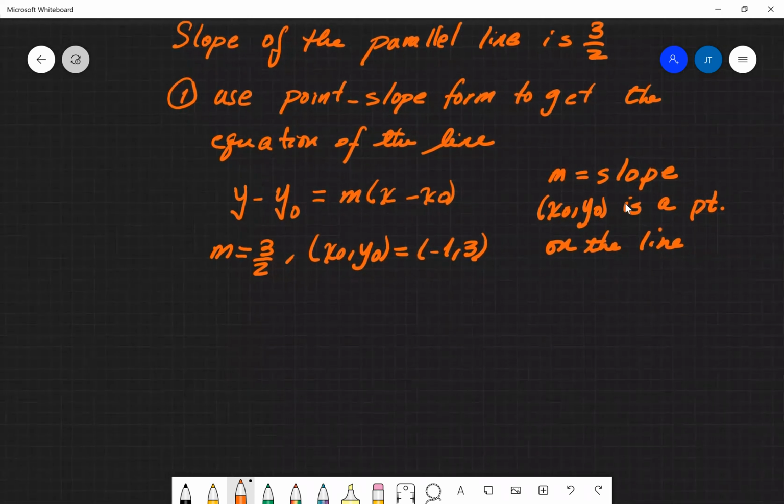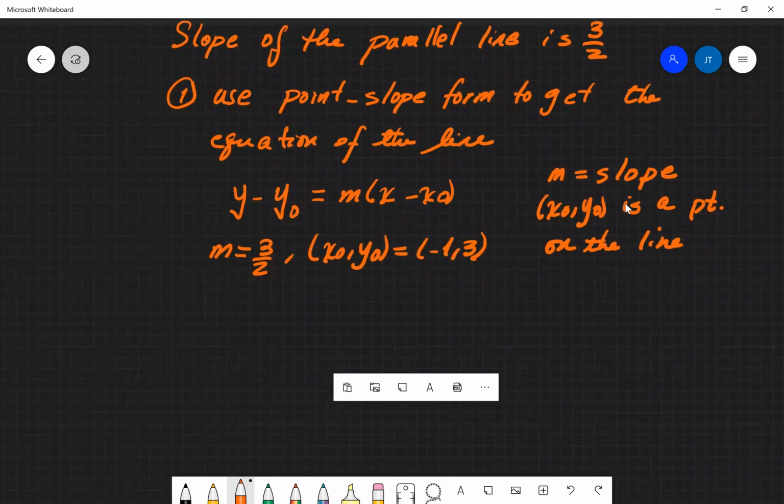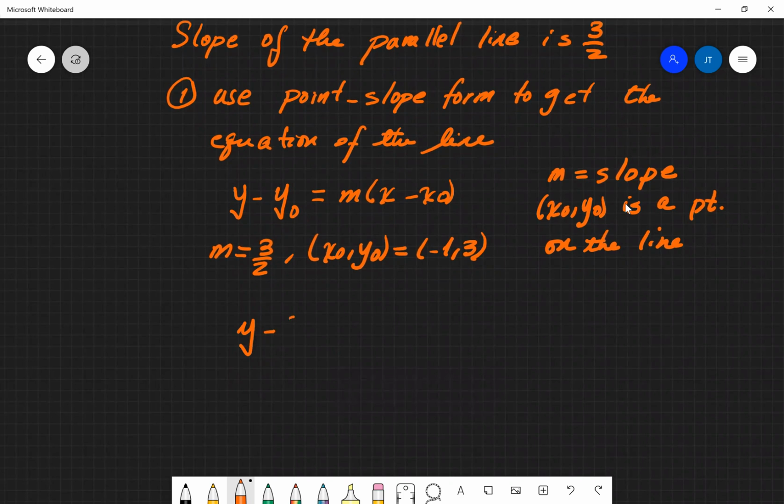Let's now plug things in. y - 3 equals m, 3/2, times (x - x0), which is x - (-1), so x + 1. Bring the -3 over, it becomes +3.